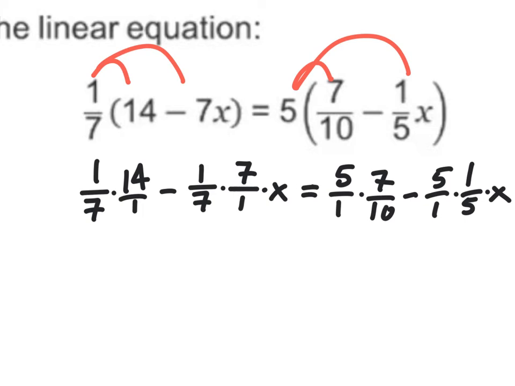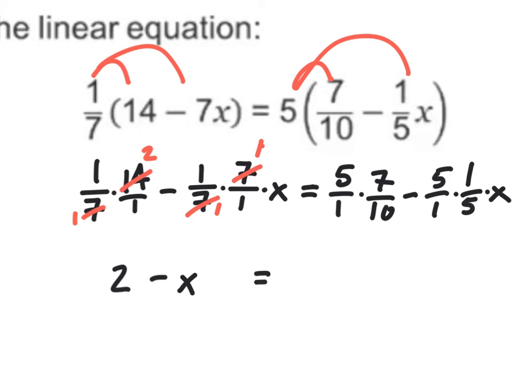All right, so now let's see what we can get here. The 1/7 times 14 over 1, the 14 divided by 7, that's going to divide out to 2 over 1. So you're left with 2 minus, I've got 1/7 times 7 over 1. The 7 divided by 7 divides out to 1 over 1, and when all that divides out, you're just left with x, so minus an x.